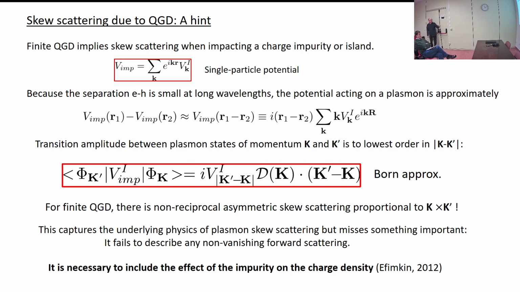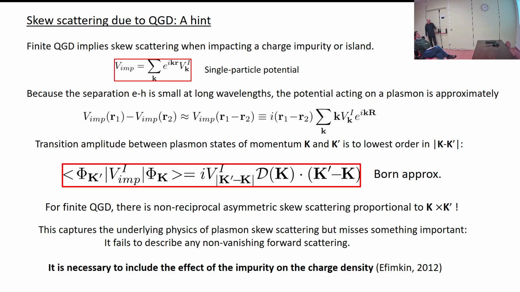When you use this simple form for the scattering potential, you discover that the scattering amplitude is proportional to this dipole moment. So you get skew scattering when you have this kind of dipole moment in your plasmon.